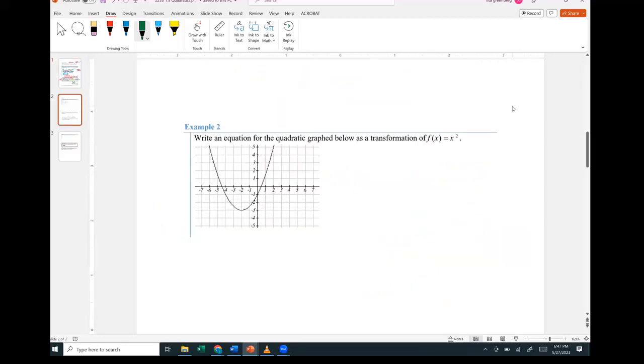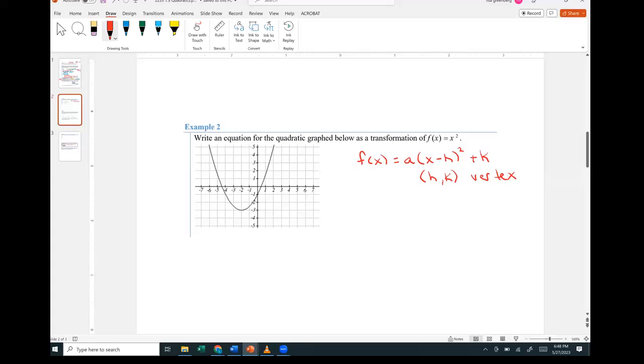All right, so now it says, write an equation for the quadratic graph below as a transformation of f of x equals x squared. Well, there's a few things we know. First, we know the easiest way for us to write this would be in vertex form, which is f of x equals a times (x minus h) squared plus k, again, where (h, k) is the vertex.